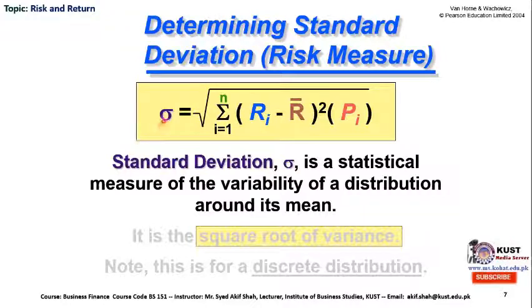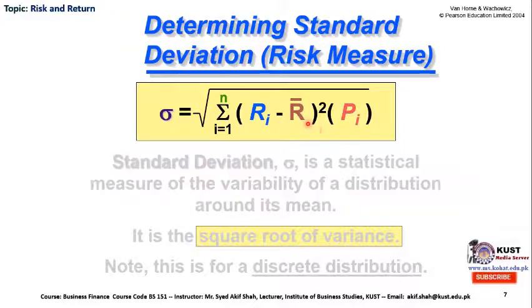The sigma denotes standard deviation, which is equal to the square root of the summation, i from 1 to n. N represents the number of possibilities of different returns. Ri represents the ith possible return, and R bar represents our expected return on the stock where we have invested.